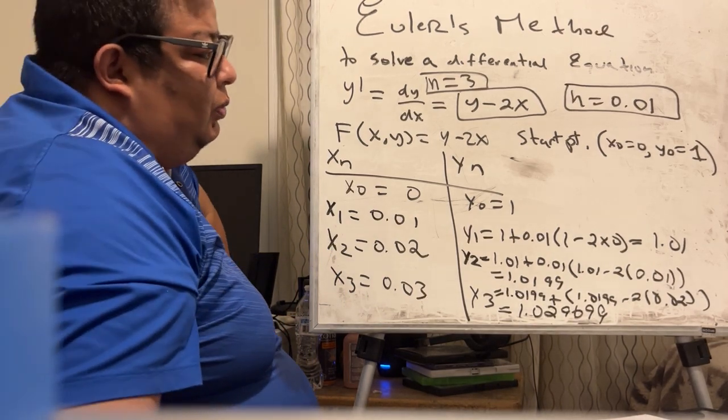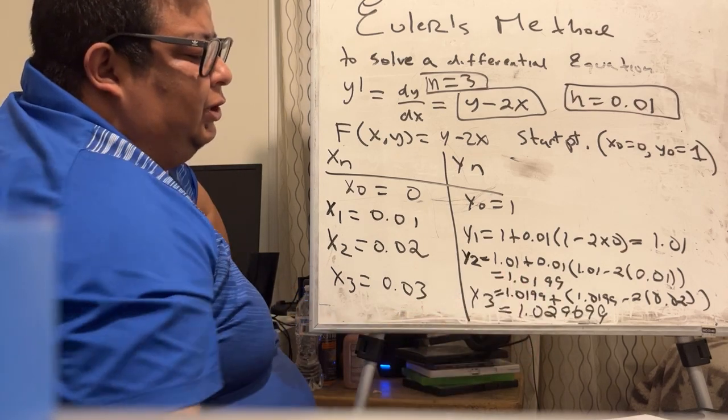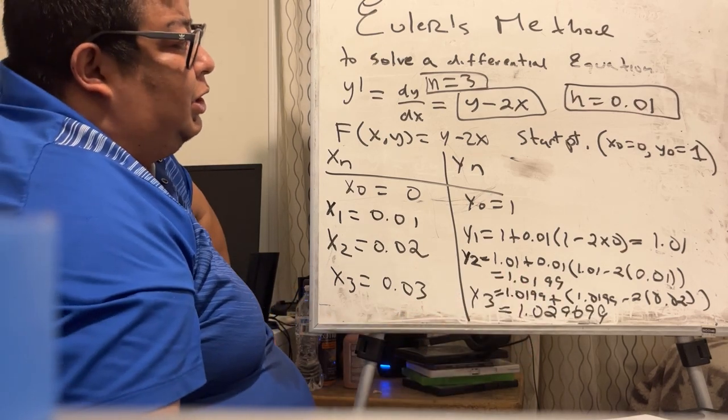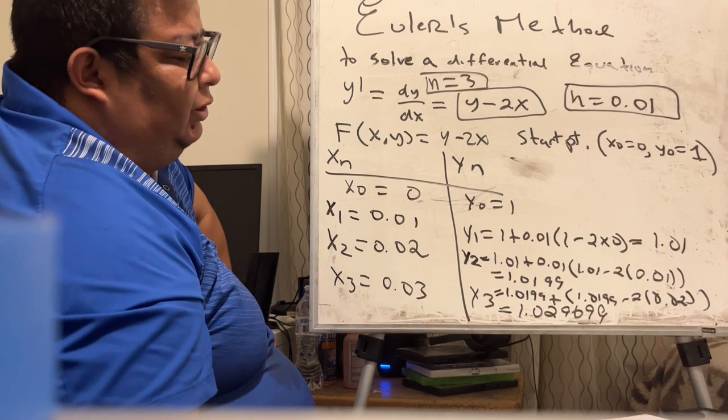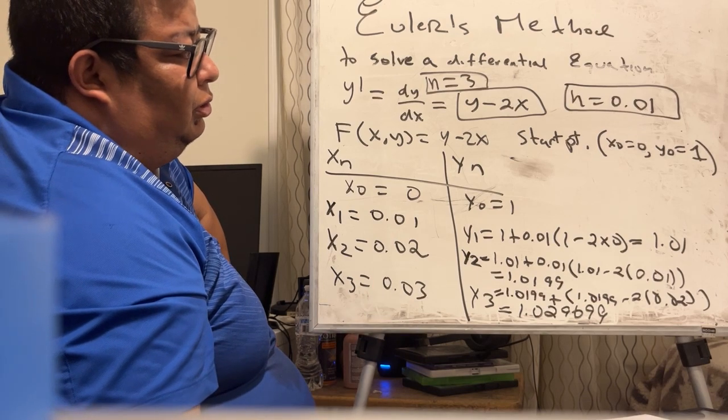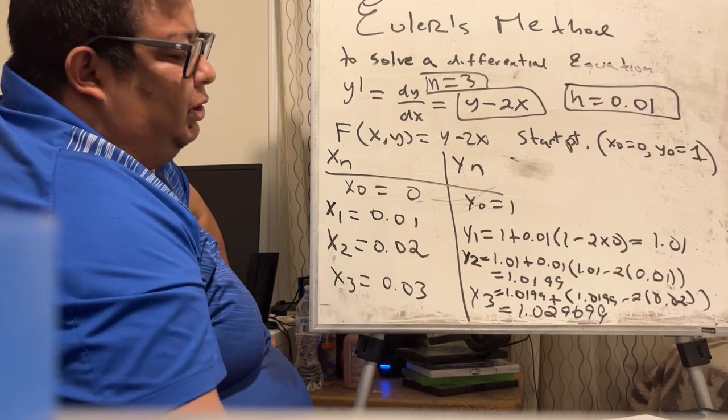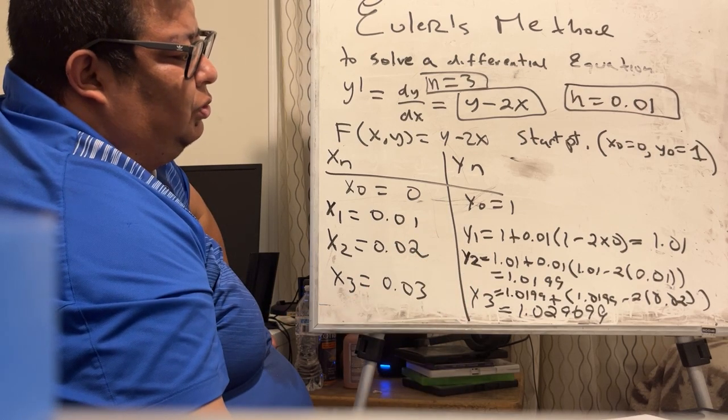So that's what we're looking at. That's going to be our final yn, which is the third iteration. In this example, you can keep going, but I just wanted to show you how to use Euler's method.